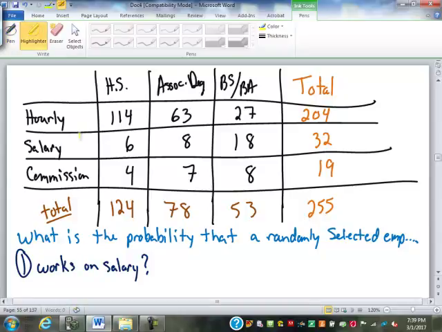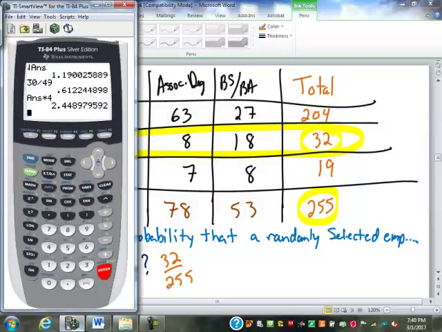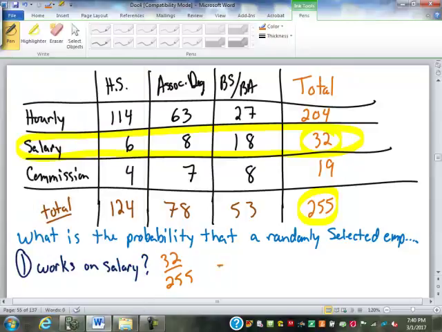Well, works on salary, that's this row right here. There's 32 people that work on salary, out of how many people in the company? 255. So this is literally going to be 32 out of 255, which is 0.1255. It's standard to round probabilities to 4 decimal places unless you're told otherwise.